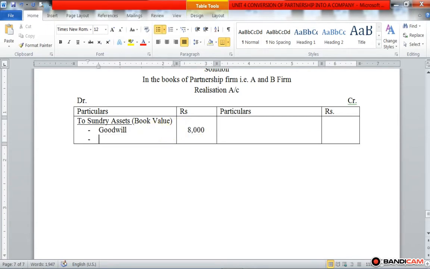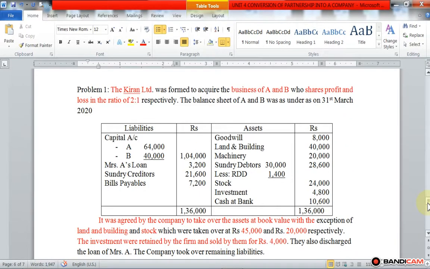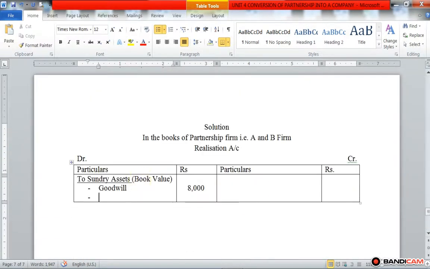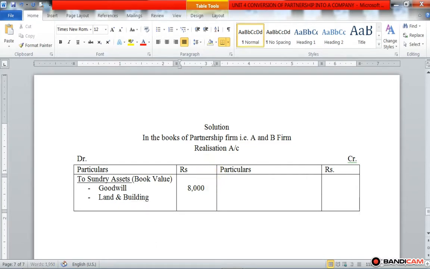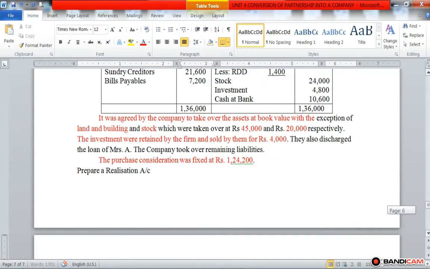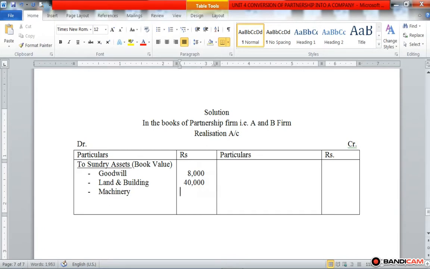Then the next asset given in the balance sheet is land and building, 40,000. Then the next asset is machinery, amounted to rupees 20,000, book value.